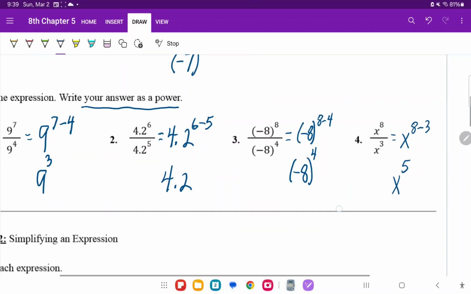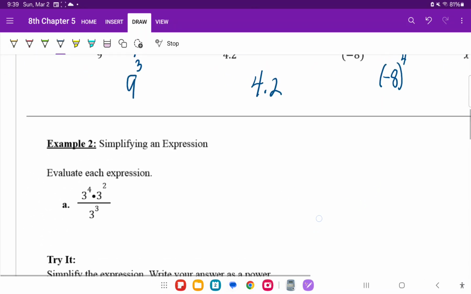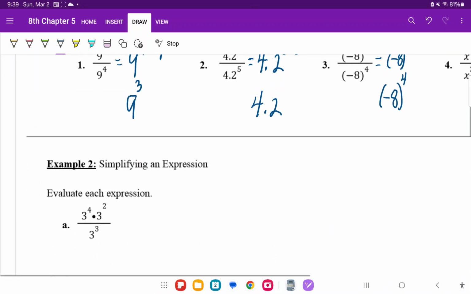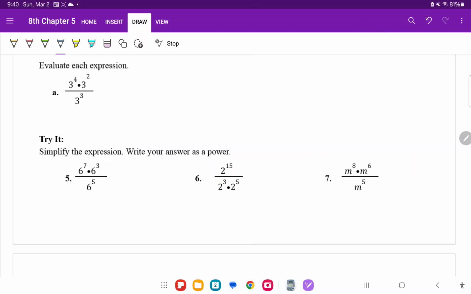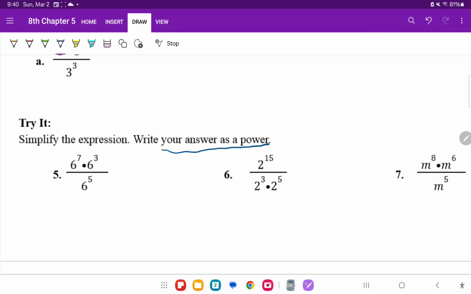All right, let's go to the next part right here. Okay, so on this, we're to simplify, but still write the answer as a power, okay? So the simplify comes in the fact that we have to deal with the top of the fraction, and then we'll combine it with that.